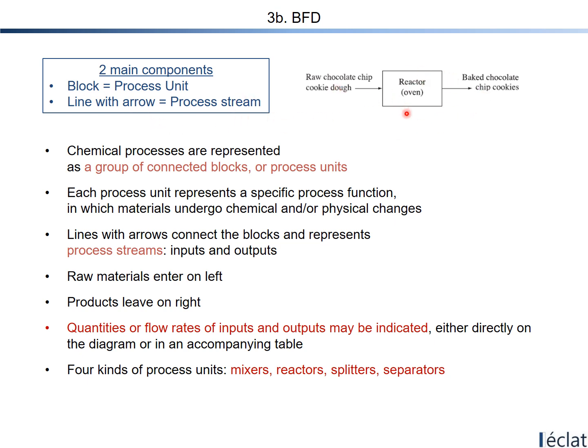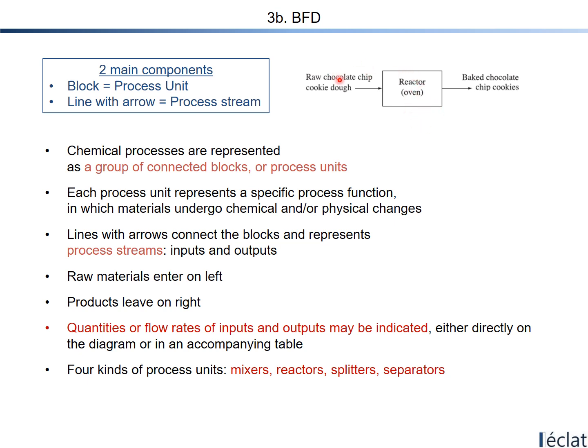So here's an example. This is a part of a block flow diagram. Of course, in the entire block flow diagram, you can find this kind of thing a lot, and they are connected to each other. Okay, let me check the reactor. In this case, oven. It is an oven.